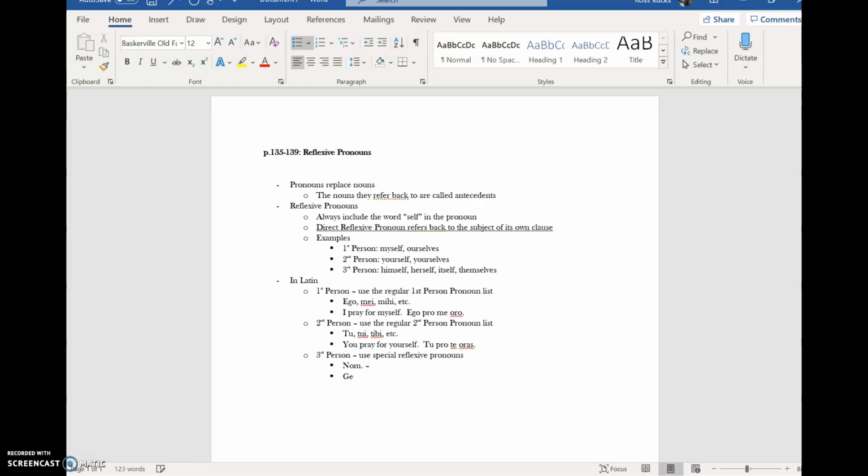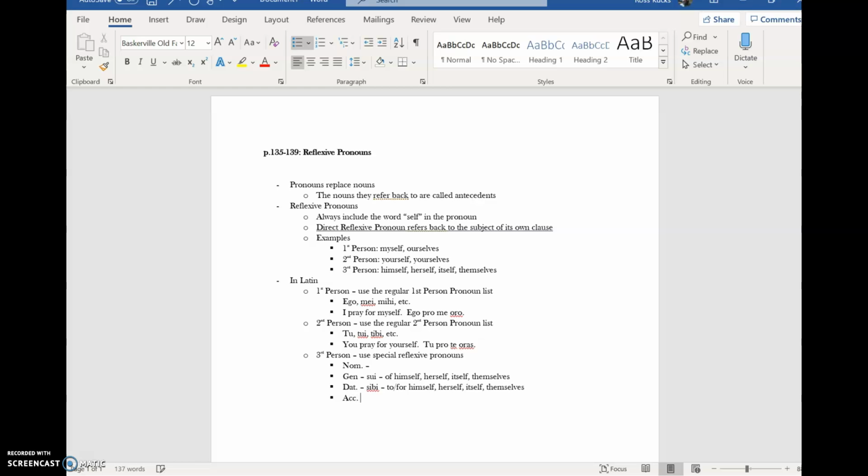So we've got genitive, which would be sui, and that would be of himself, herself, itself, or themselves. We've got the dative, which is sibi, and that's to, for himself, herself, itself, or themselves. It covers all the genders, and both singular and plural are covered in the same word.